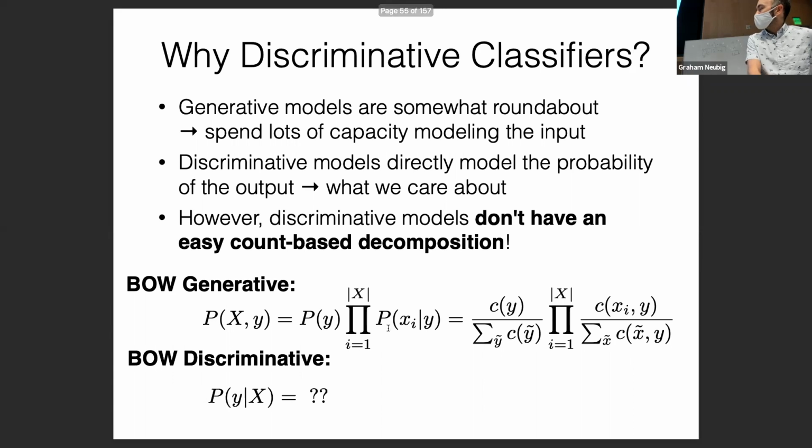However, if you tried to do the same thing, you would need to calculate the count of y given x, and there's no way to make independence assumptions like each word in the input is generated independently to calculate this probability in a more decomposed way. So because of this, we have to rely on other methods.